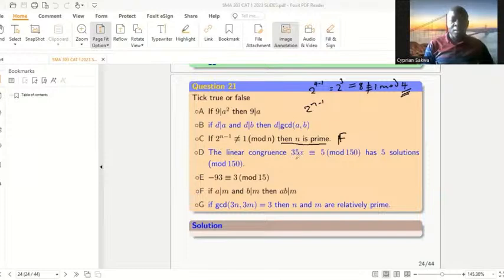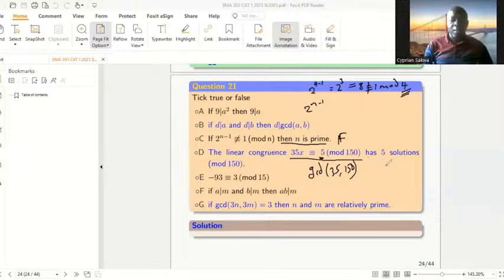Now, what about this? The linear congruence: this equation has 5 solutions. Is that true? For us to know the number of solutions for this congruence, we need to get a GCD of that 5, and see whether that GCD divides it. If that GCD is 5, then it will have 5 solutions.